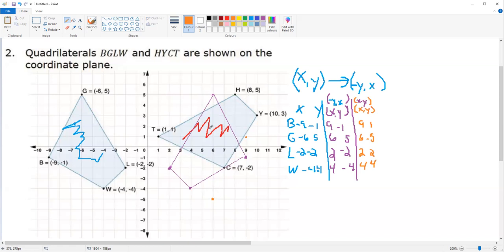And we're going to have 2 and 2, and 4 and 4. Let's connect those and see if we're close. That doesn't look right.